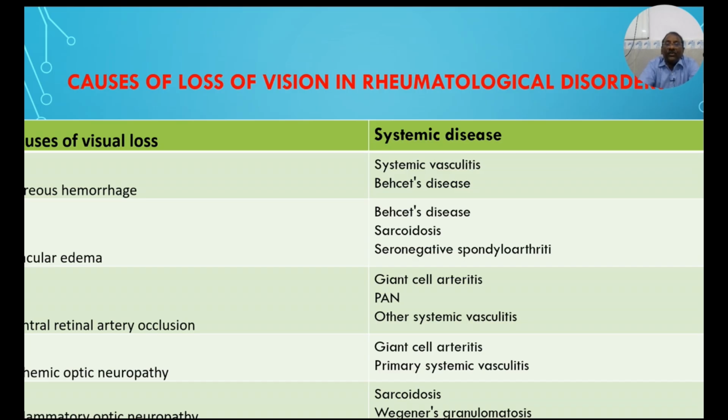Central retinal artery occlusion: giant cell arteritis, PAN. Ischemic optic neuropathy: again giant cell arteritis, primary systemic vasculitis. Inflammatory optic neuropathy: sarcoidosis and Wegener's. So these are the different conditions. If left untreated, they present with vision loss.